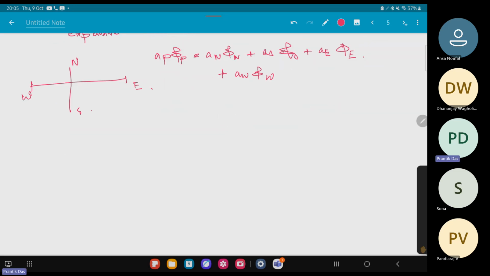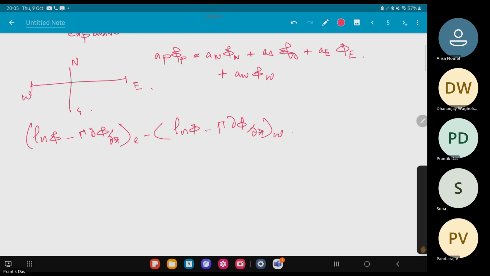So your general transport equation, when you write it down, will be rho u phi minus gamma d phi dx at the east face, minus rho u phi minus gamma d phi dx at the west face, and then rho u phi minus gamma d phi dy at the north face, minus rho u phi minus gamma d phi dy at the south face. This is equal to 0.